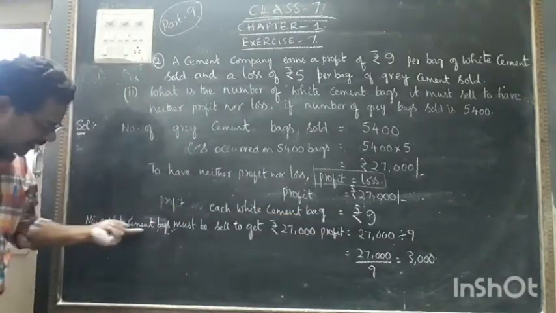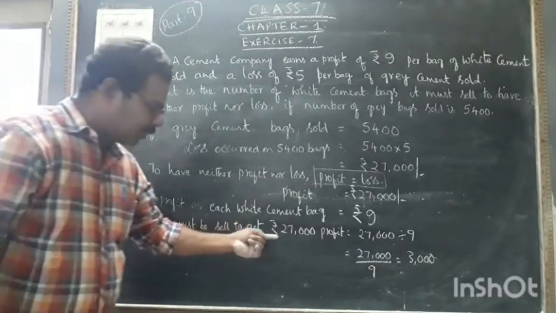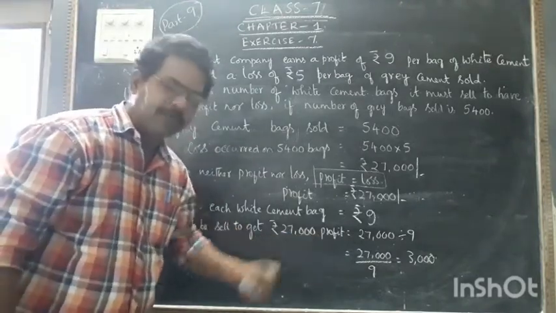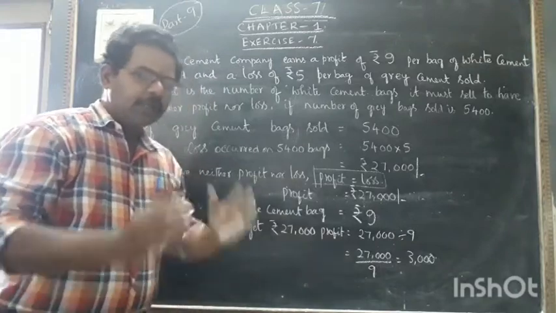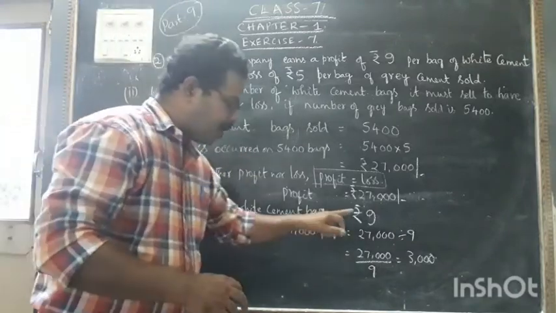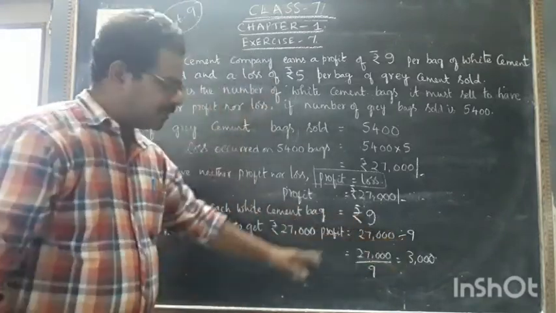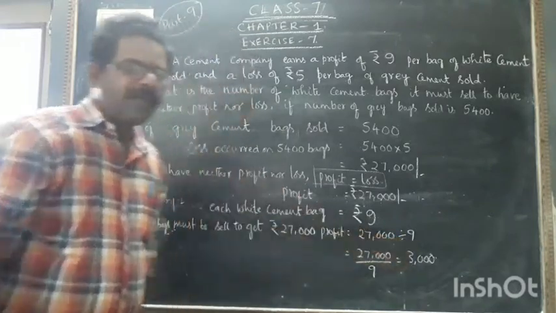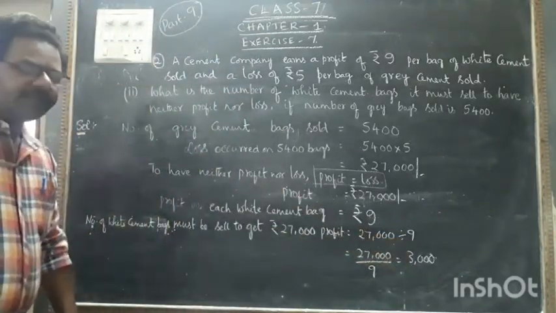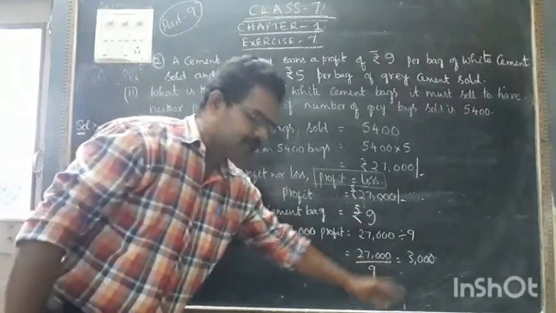Now, number of white cement bags that must be sold to get 27,000 rupees profit is equal to total profit divided by profit on each bag. That is equal to 27,000 rupees divided by 9. 27,000 divided by 9 is equal to 3,000.